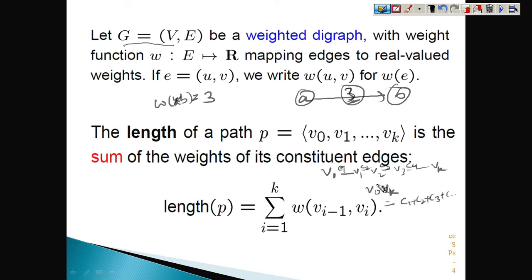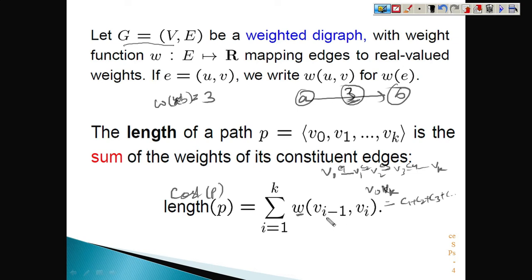Means we have to add all the costs, or we can write it as the length of P, or you can say the cost of this path P is the summation of i equals 1 to k, of the function W, where we are passing the edge V(i-1) to Vi.